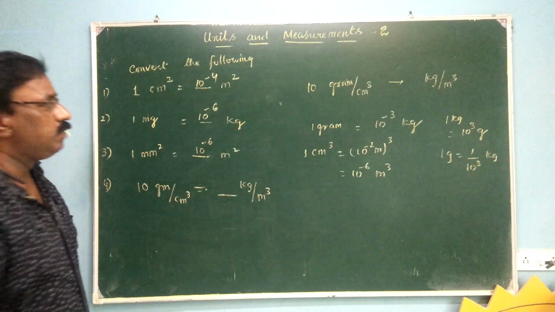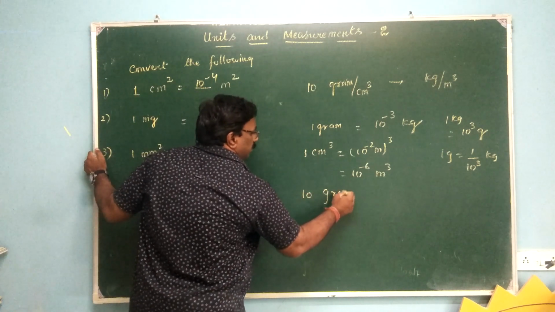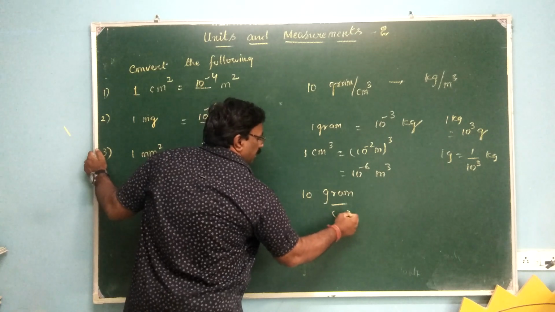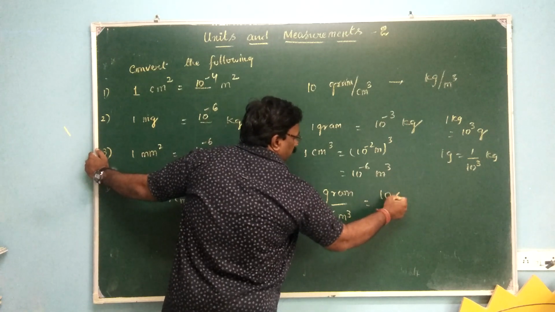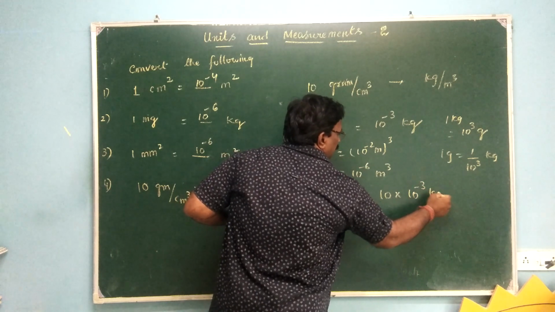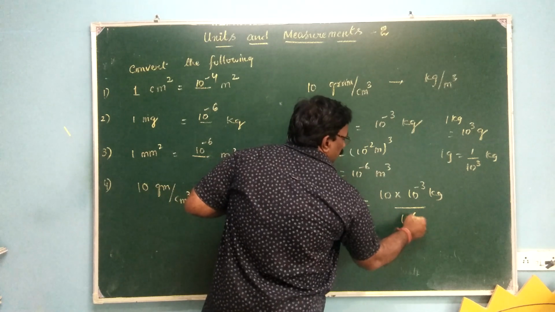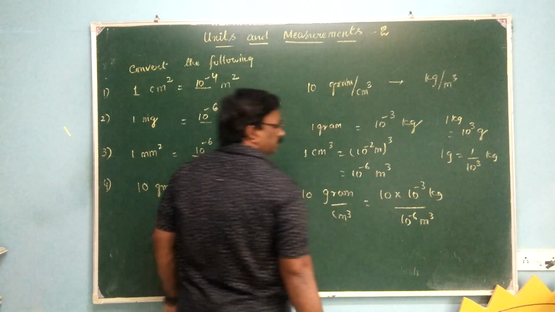So now 10 gram per centimeter cube, I can write as 10 into 1 gram, 10 power minus 3 kg, by centimeter cube in terms of meter cube, 10 power minus 6 meter cube.